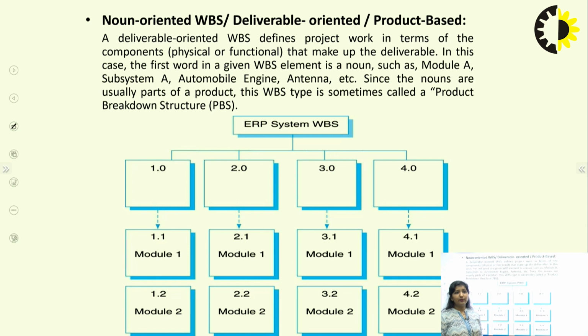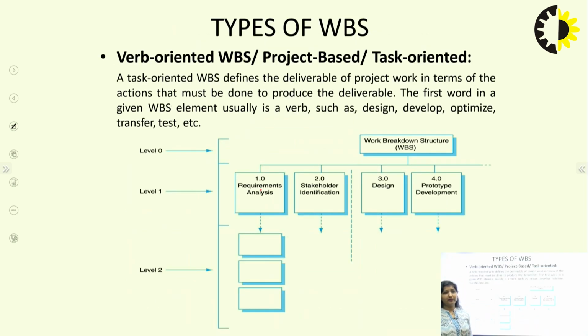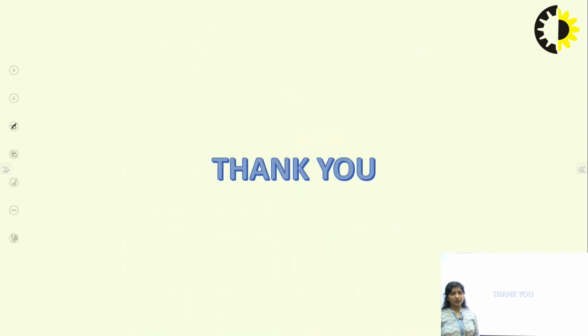The first word in a given WBS element is the name of a noun like module A, subsystem A, automobile engine, antenna, etc., since nouns are usually part of the product. So this WBS is sometimes known as the product breakdown structure, PBS. If we are dealing with nouns, it becomes the product work breakdown structure. If I am dealing with verbs, it becomes the verb-oriented work breakdown structure.